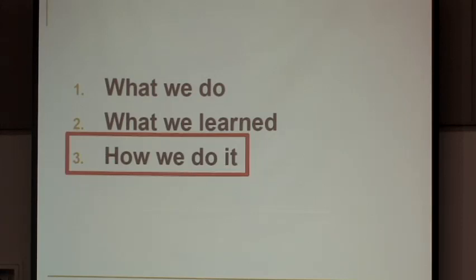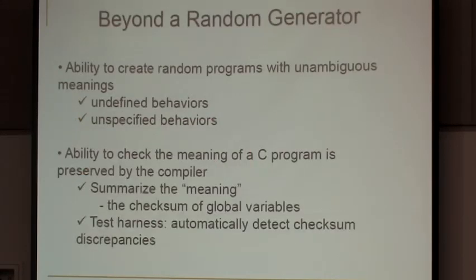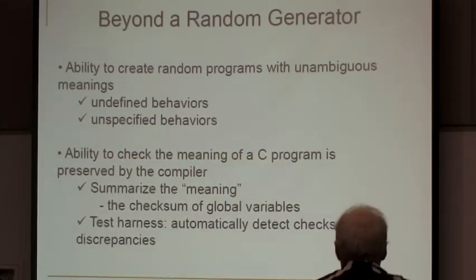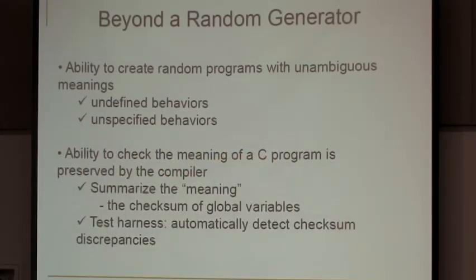Now here comes the technical part. How do we do it? There have been many random program generators in history, and we want to build something different. We want to build a random generator which can generate programs with unambiguous meanings. I will talk about what that means in a moment. And we also want the ability to check that the meaning of the program has been preserved by the compiler.